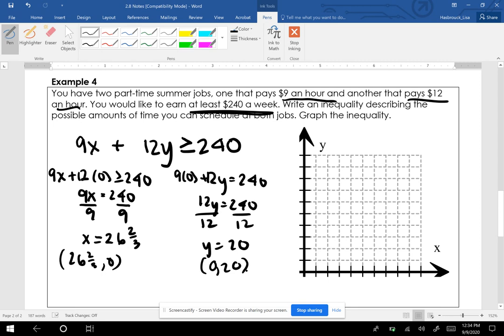Keep in mind this is going to be a solid line because it's greater than or equal to. Let's see, can we go by 2s? 2, 4, 6, 8, 10, 12, 14, 16, 18. We can't. So let's go by 3s for the x-axis, and then along the y-axis, we could go by 2s.